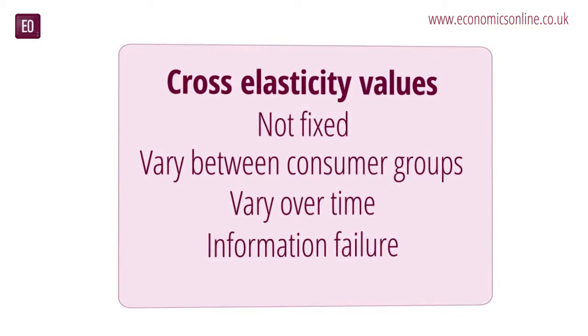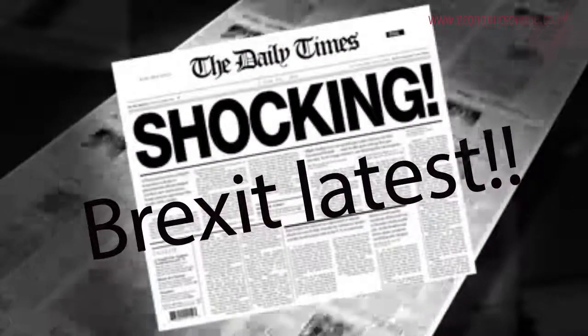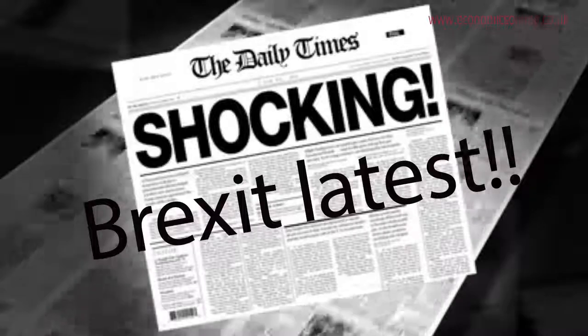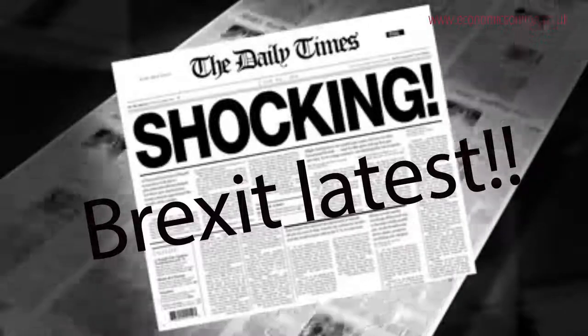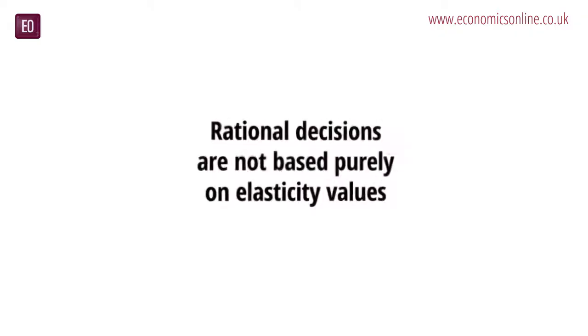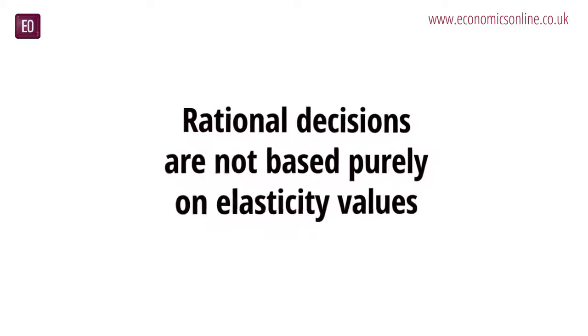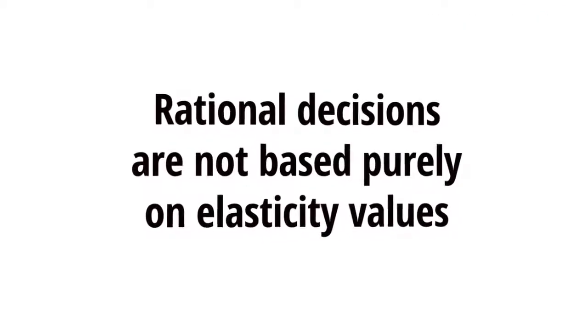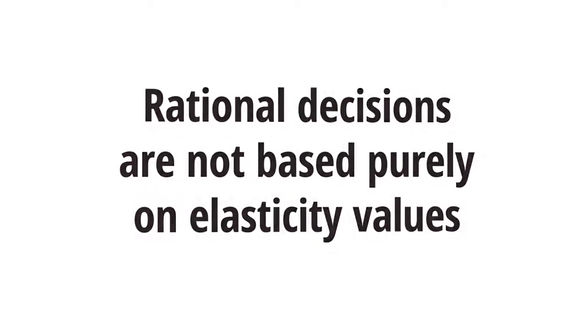Economic events and shocks, such as Brexit, can also result in unpredictable changes to price and demand relationships, which reduce the reliability of existing cross-elasticity estimates. For this reason, data on cross-elasticity on its own will not provide sufficient information to make rational business decisions.